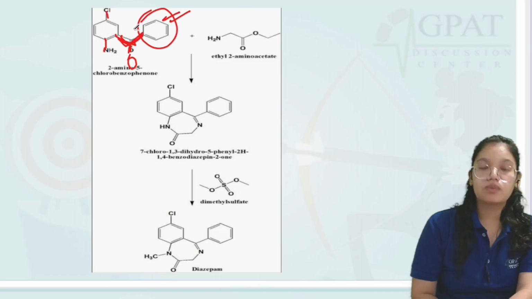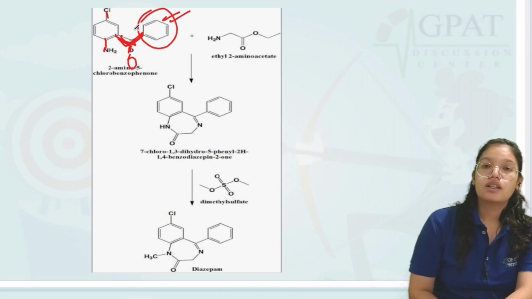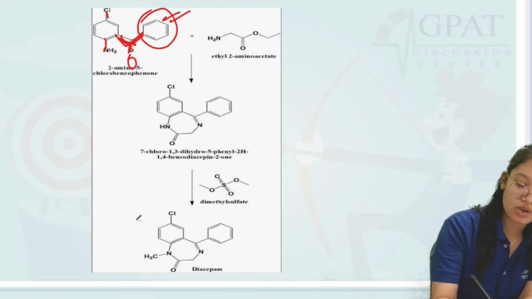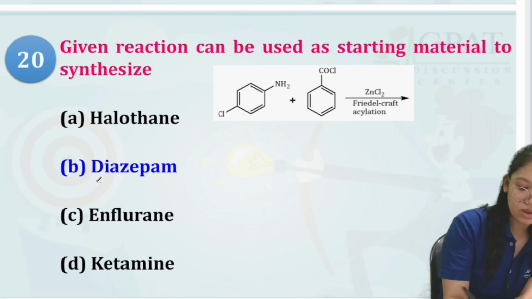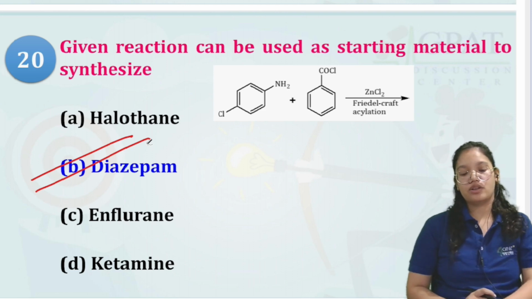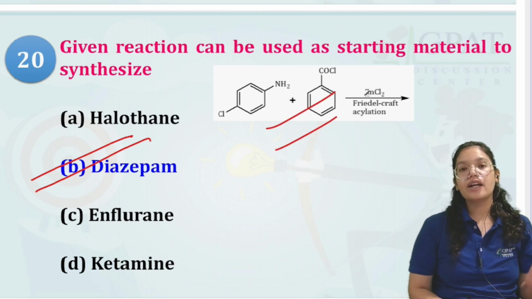So this particular structure can be used as the starting material for the synthesis of which drug? Diazepam. So diazepam is the answer. This starting material can be used for the synthesis of diazepam.